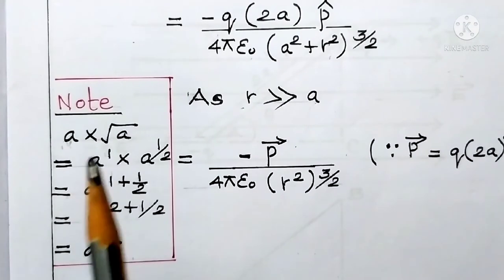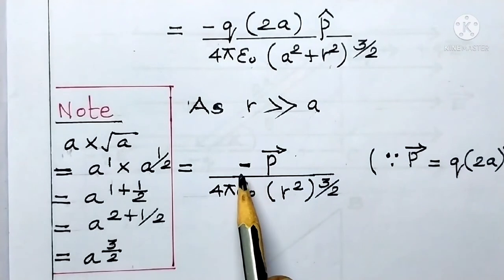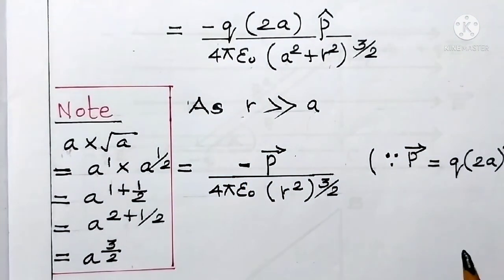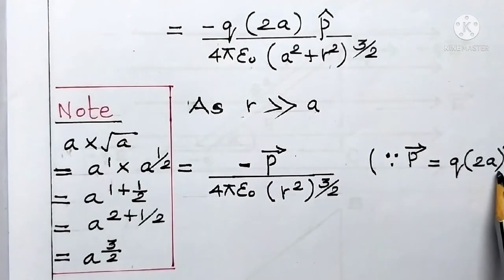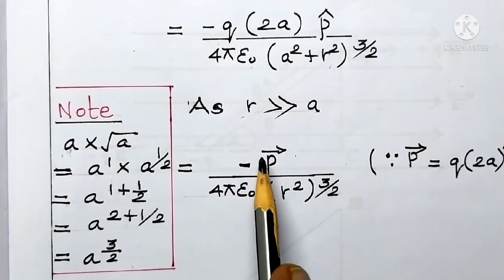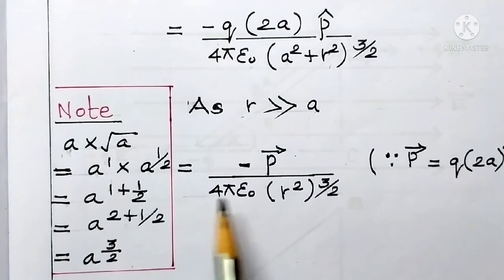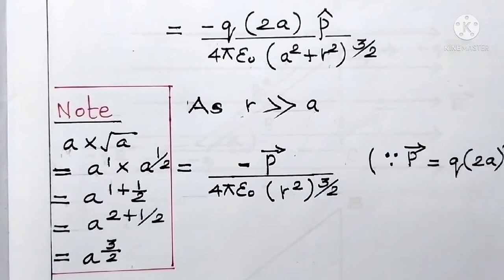And again, in the place of minus q 2a and p cap, I have written minus p vector. The reason is p vector is equal to q into 2a into p cap. So in the place of q 2a p cap, I have written p vector. So minus p vector by 4 pi epsilon naught r squared to the power of 3 by 2.